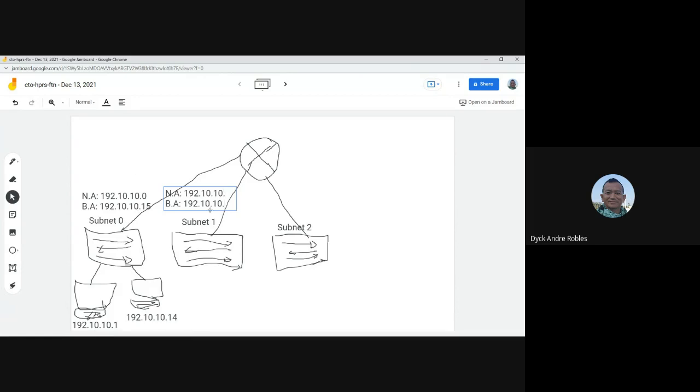So, what is the next network address? What comes after 15? I said they are 16. 0 to 15 is equal to 16, 16 numbers including the 0.